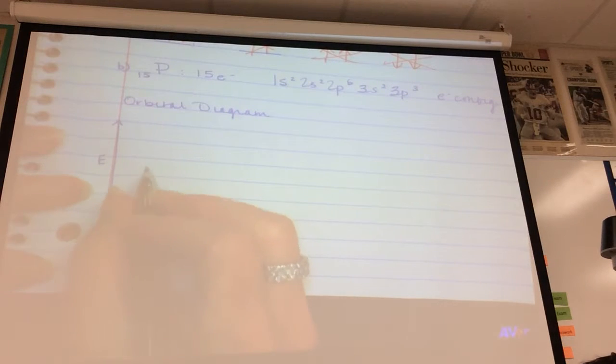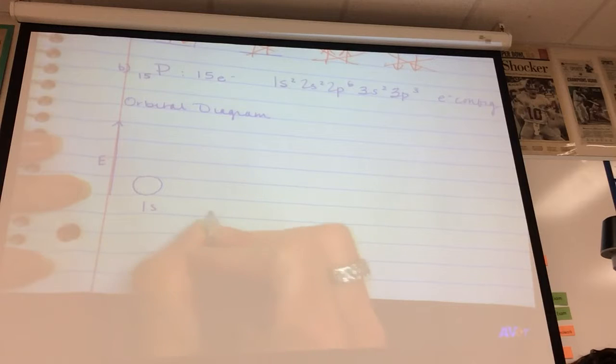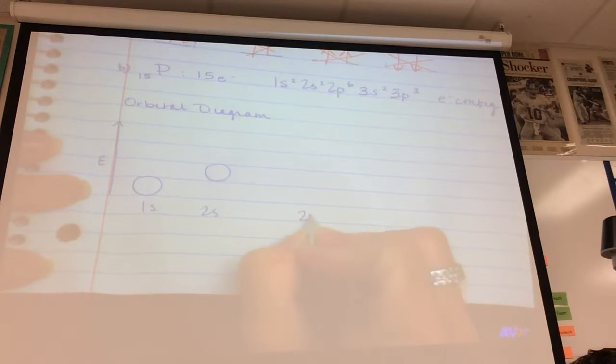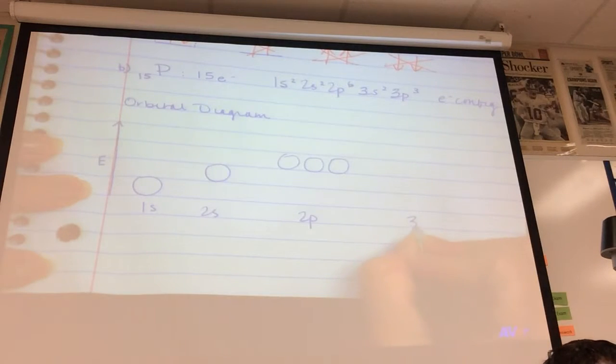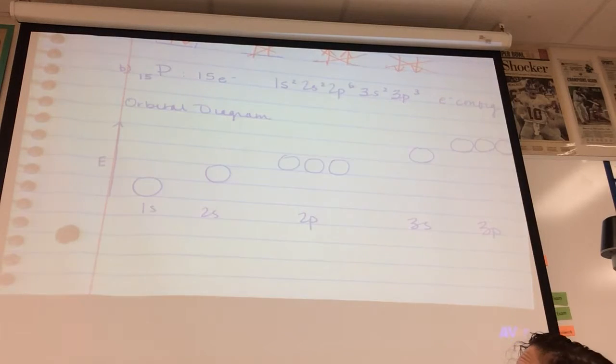Like the Energizer Bunny. All right, so we've got 1s. We've got 2s. We've got 2p. We've got 3s. And then we've got 3p. And again, each time you've got the N and the L, you have a subshell.